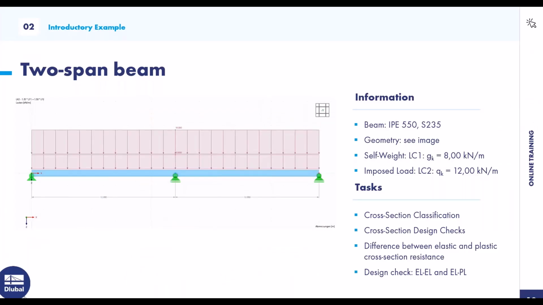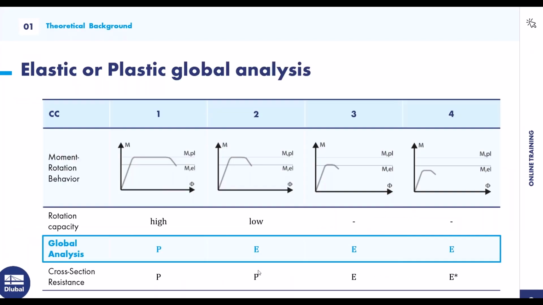So, for cross-section classes 1 and 2, you can consider a plastic cross-section resistance. That's what we did in the first step. The program detected that the cross-section is in class 1, and that's why the program considered the plastic cross-section resistance.